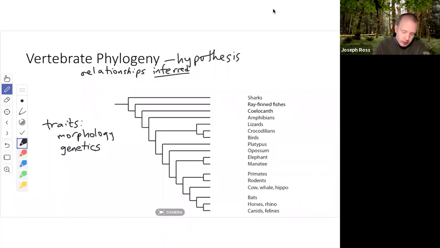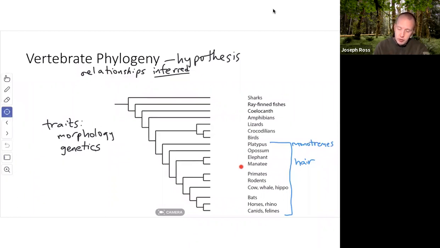So for example, in this tree, we could ask which of these different species have hair? And so hopefully you know where I'm going with this, which is that mammals are defined as a group of organisms that all have hair. And in this case, we also have monotremes, the platypus, the weird sort of ancient mammal, which we can see here on this tree.